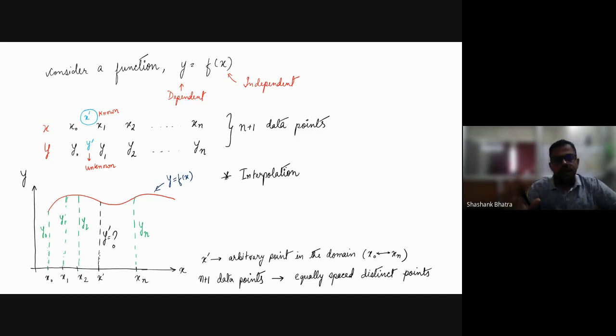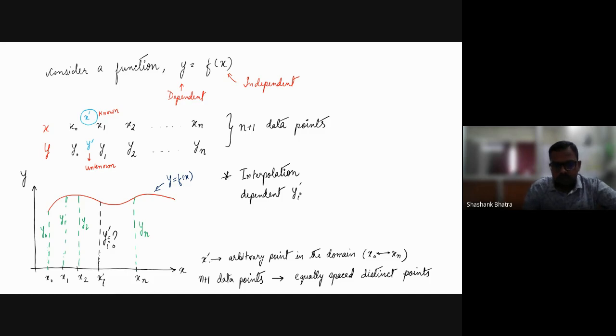what do you mean by interpolation? It is a process for predicting the value of a dependent variable. Here I am denoting it by y dash, or I can write it as yi, suppose.